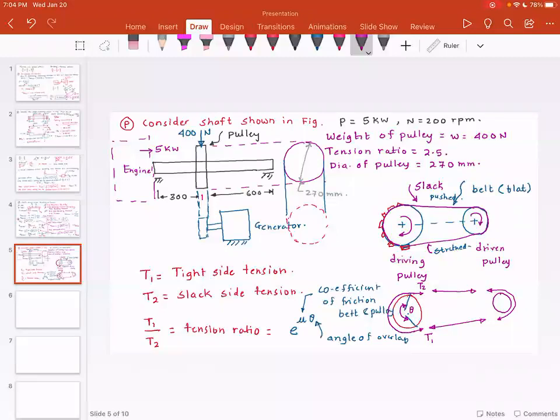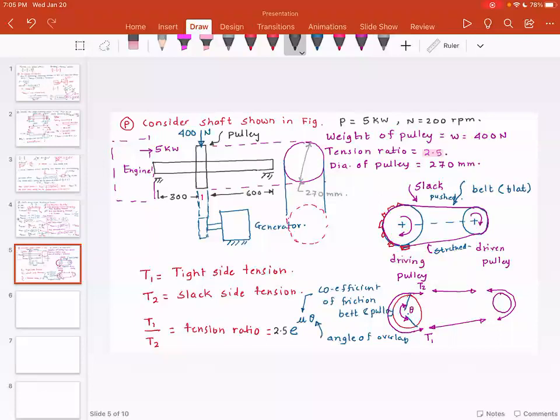Depending upon the value of mu and the value of theta, you will get different values of tension ratios. But in this problem, the good news is the tension ratio is directly given as 2.5.